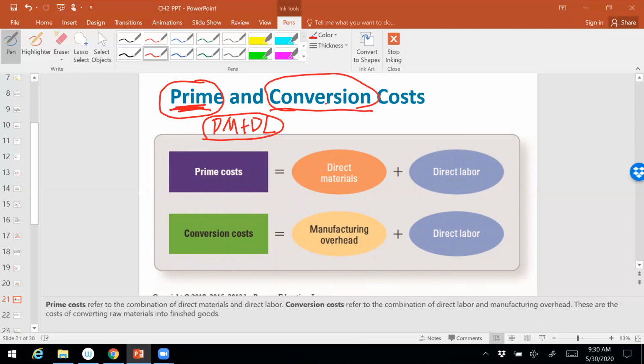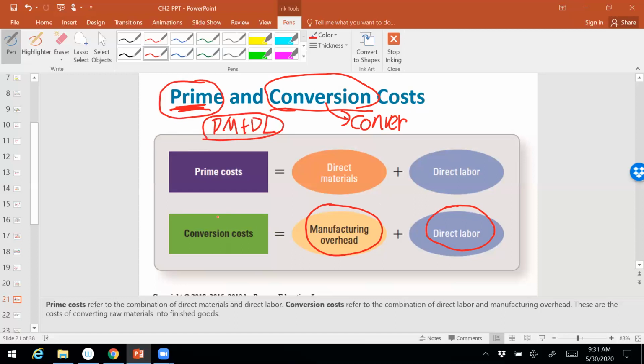What is conversion cost? Those are the costs that convert direct material to our product. How can you convert the material to product? You need manufacturing overhead, all the utilities, heat, and so on. And you also need direct labor to help you convert.